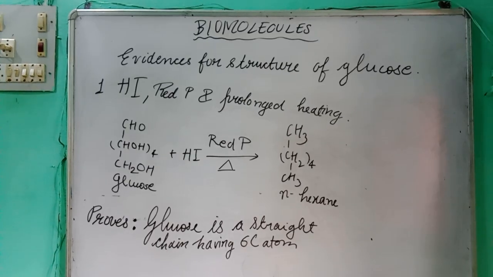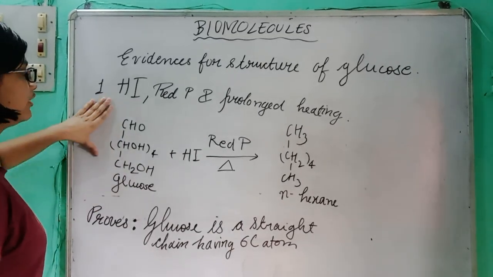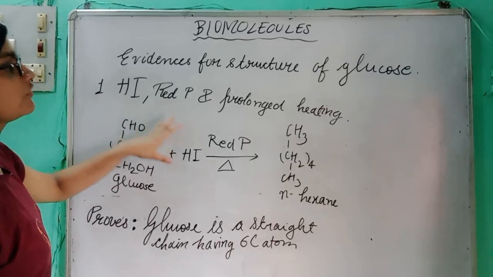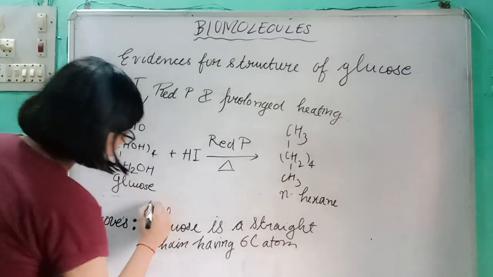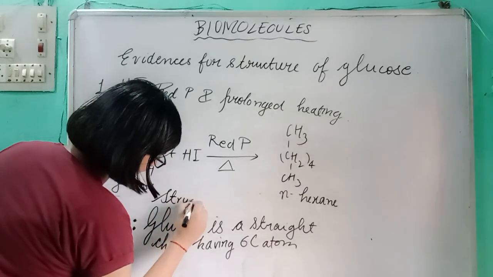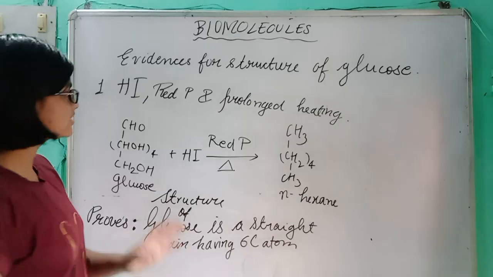This is the first evidence: the reaction of glucose with hydrogen iodide in the presence of red phosphorus accompanied by prolonged heating, and hexane is formed. This proves that the structure of glucose is a straight chain having 6 carbon atoms.